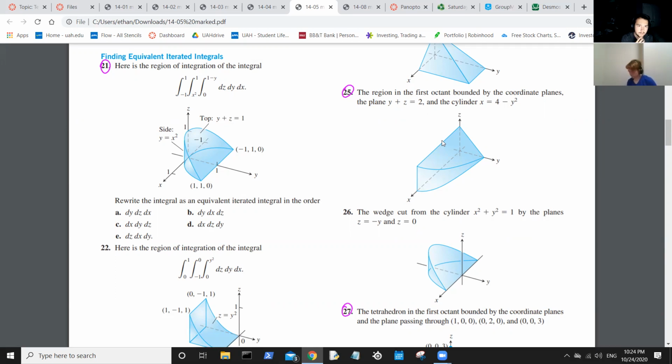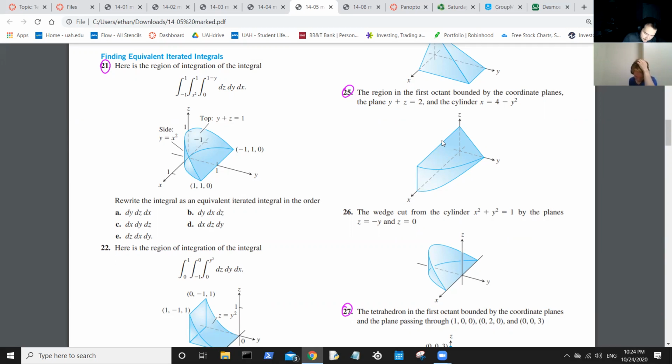So now let's evaluate this one quickly as a demonstration. Your first integral is just going to spit out 2 minus y. Oh yeah, I miswrote that. Beautiful. All right, 2 minus y.